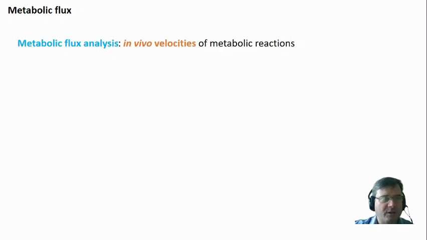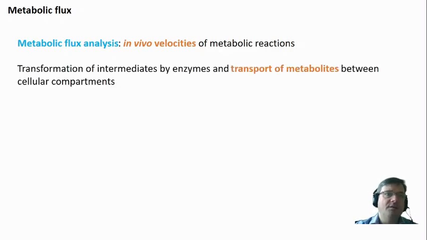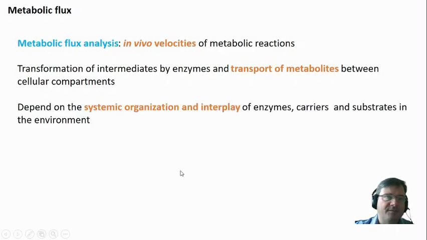In other words, which steps are known as the rate limiting steps. So, transformation of these intermediates by enzymes and the transport of metabolites between cellular components have been identified as particularly important in controlling and regulating metabolic pathways.